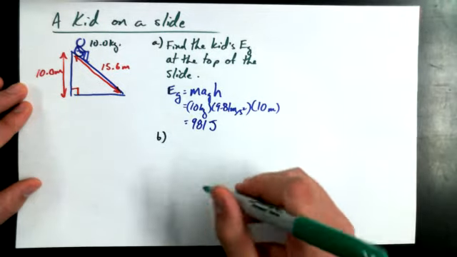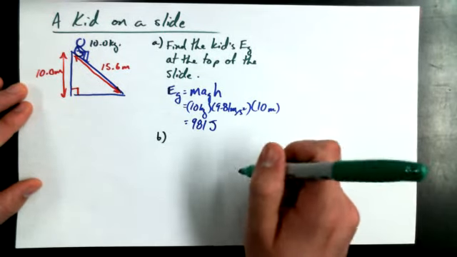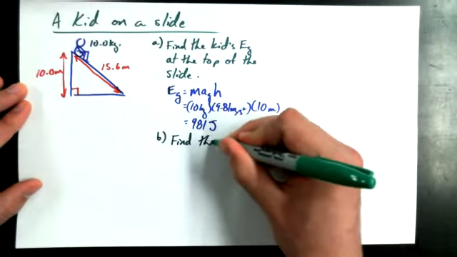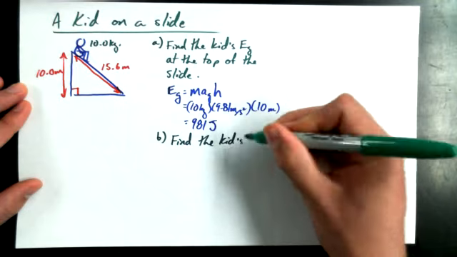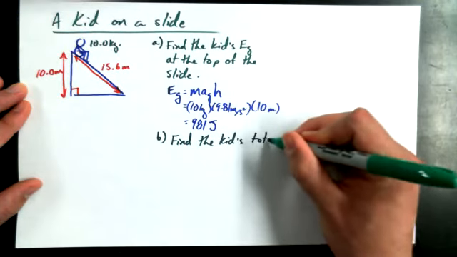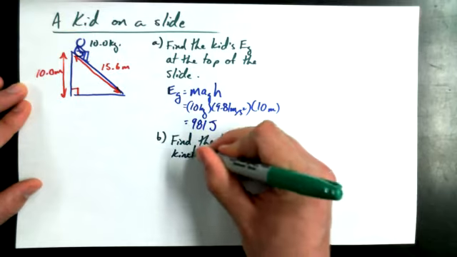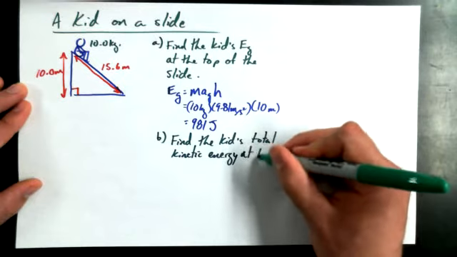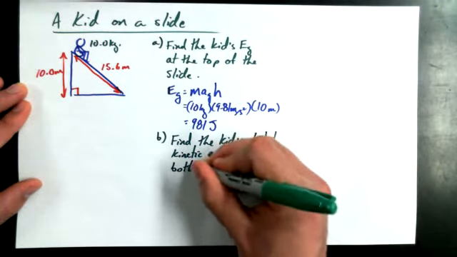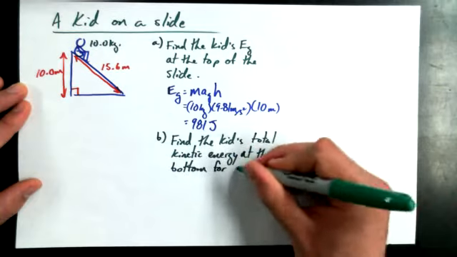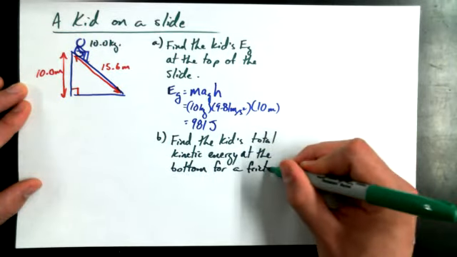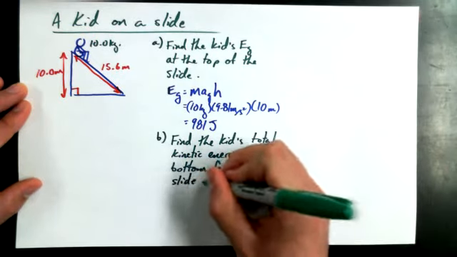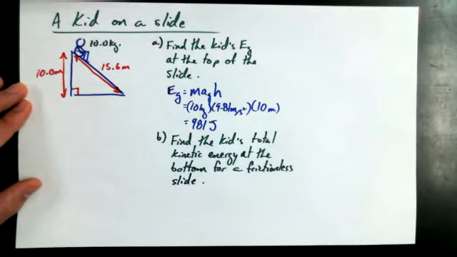So the next question I want to ask is the kid's total kinetic energy at the bottom if this slide were frictionless. Okay? You don't have to look very far to figure out what the EK is going to be at the bottom.